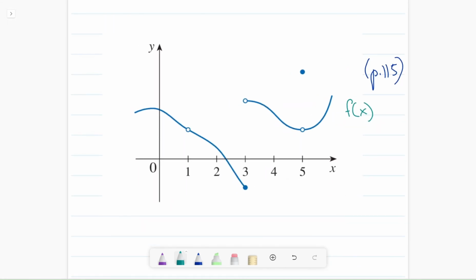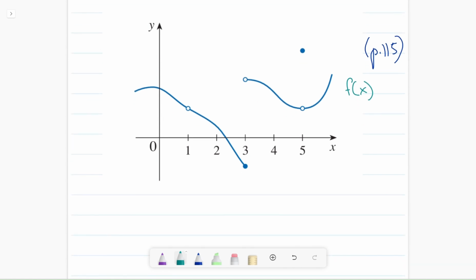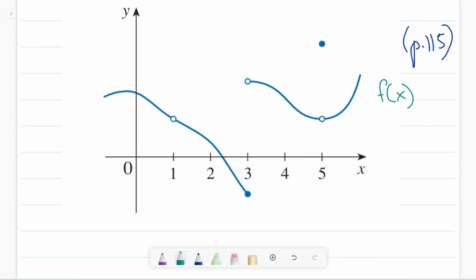Now, given this graph, which is from page 115 in the book, let us identify the discontinuities. Let's start at the point x equals 1. We can notice here that there's a point that was taken off, that was removed, because we have an empty dot here. Therefore, at x equals 1, we have a removable discontinuity.